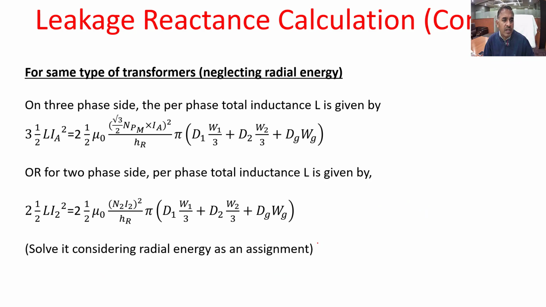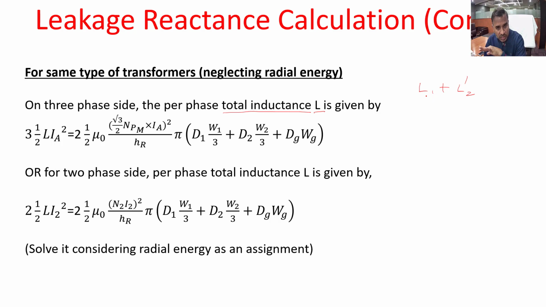Then for the same type of transformers, neglecting radial energy, on the three-phase side, the per phase total inductance L means L1 plus L2 dash.